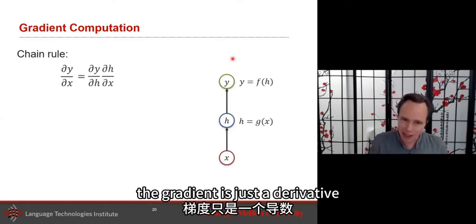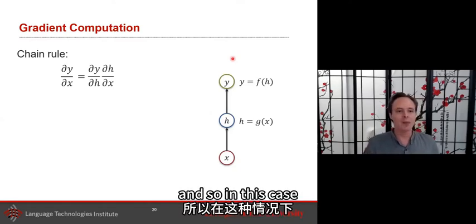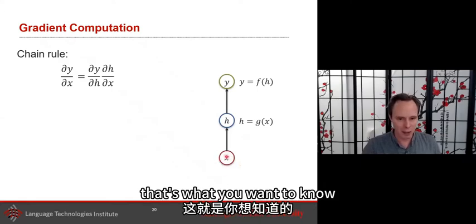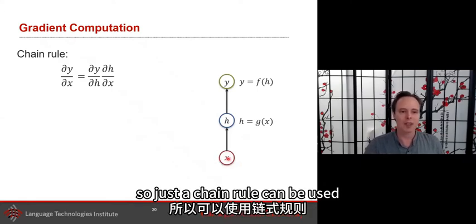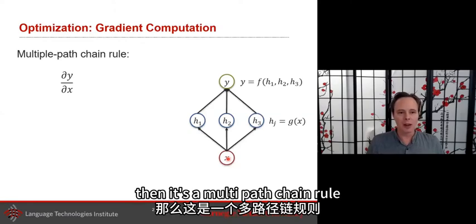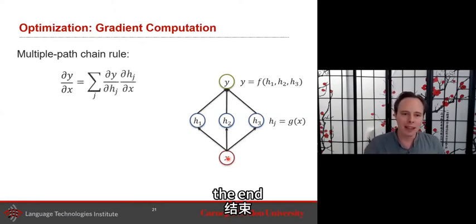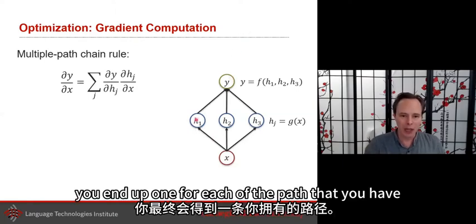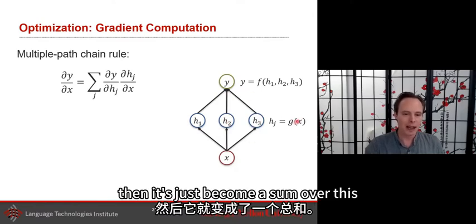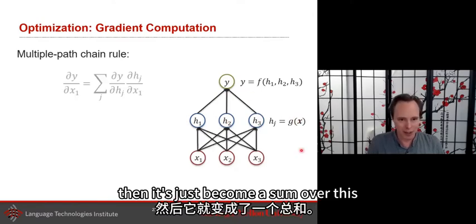The gradient is just the derivative, in this case the derivative with respect to your input. That's what you want to know. So the chain rule can be used. If you have many neurons, then it's a multipath chain rule, so you end up with one term for each of the paths that you have. When you have many neurons, it just becomes a sum over these.